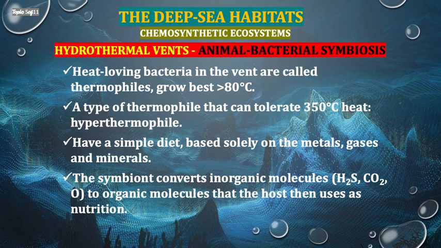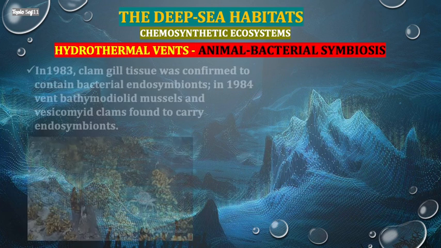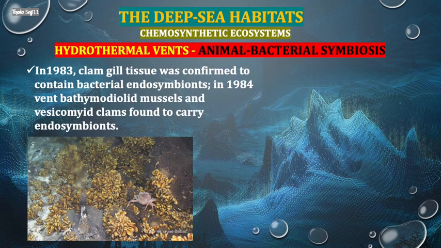So the symbiont, which is the bacteria, converts inorganic molecules in the form of oxygen, carbon dioxide, and hydrogen sulfide to become organic molecules that the host animal uses as a source of nutrition. So in 1993, marine biologists were also able to confirm that endosymbiosis exists within the clam gill tissue.